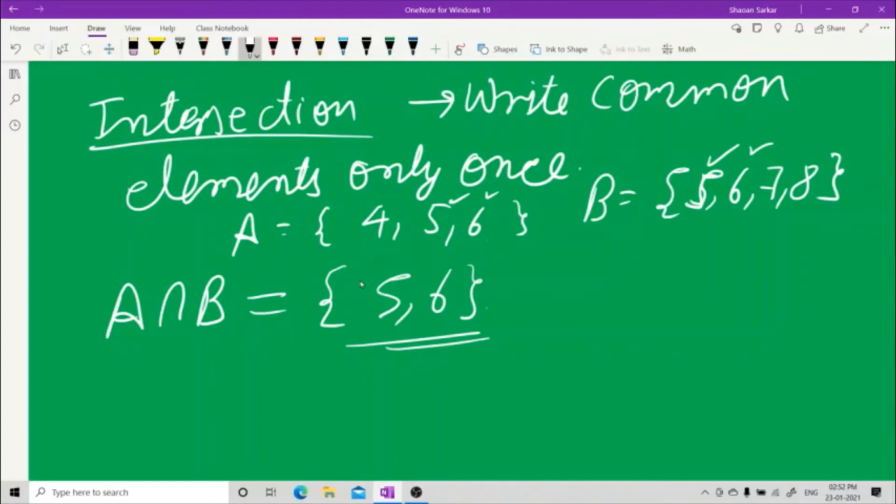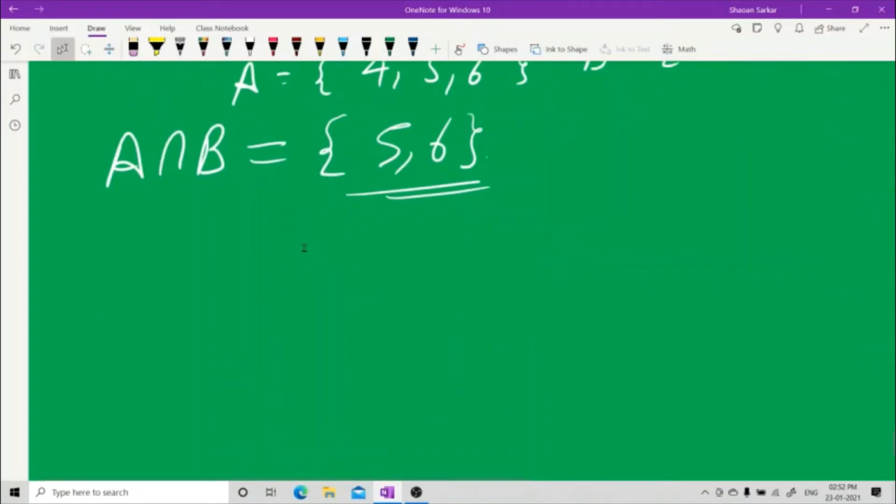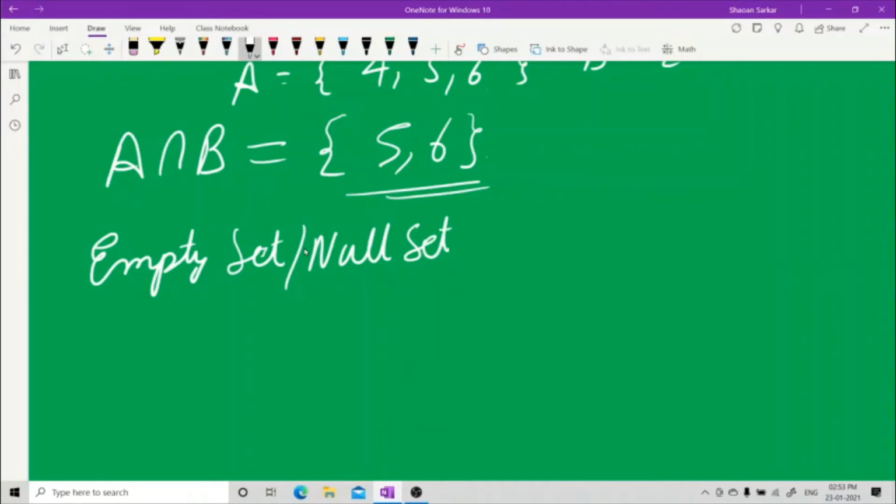And suppose, wait, let me introduce you to the null set and then I'll tell you everything. The empty set, I'm telling you in these operations only because we need it. Empty set or null set or void set.